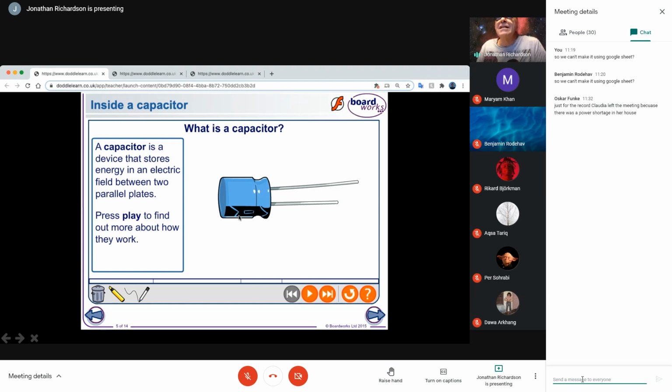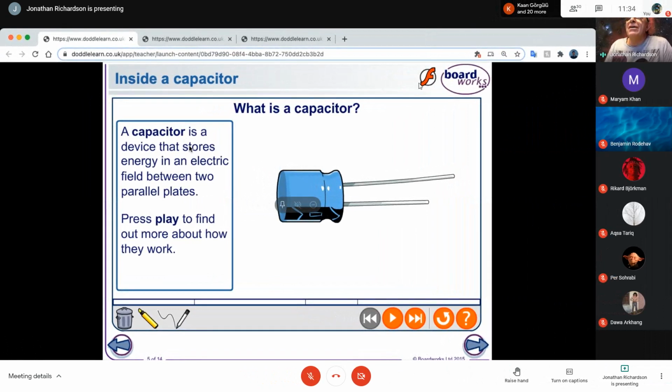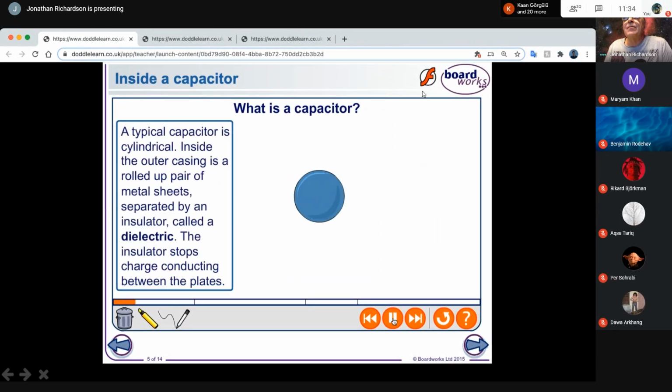But I will need to see how I use these presentations after the 1st of January. So, slight aside, a capacitor is a device that stores energy in an electrical field between 2 parallel plates. So let's have a look at this.